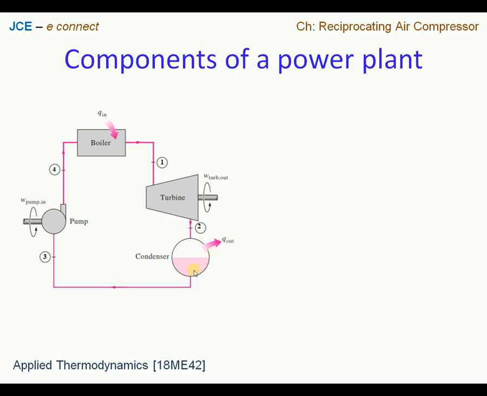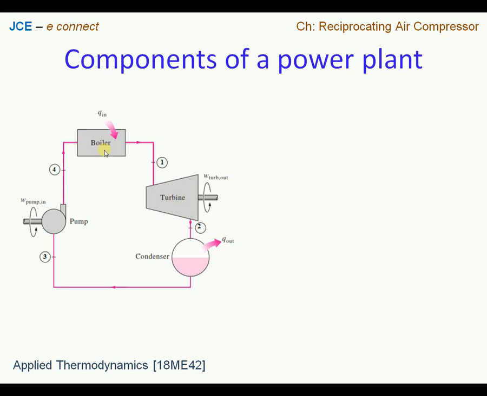Then the steam is converted into liquid water, and the liquid water is now subjected to a pump, where from process 3 to 4 we have a pump working, again compressing the fluid to a very high pressure and pumping it back into the boiler.